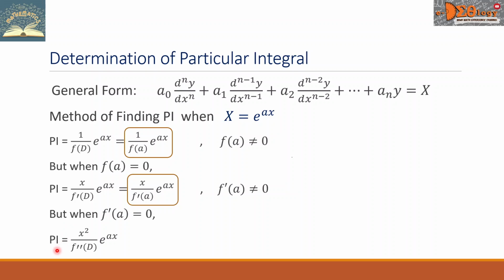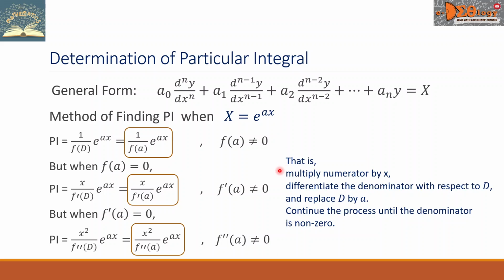So the new formula for the PI is equal to x squared all over f double prime of D times e raised to ax. Then we evaluate the second derivative with the value of a. So the formula becomes like this for the PI. Again, the f double prime of a is not equal to 0.